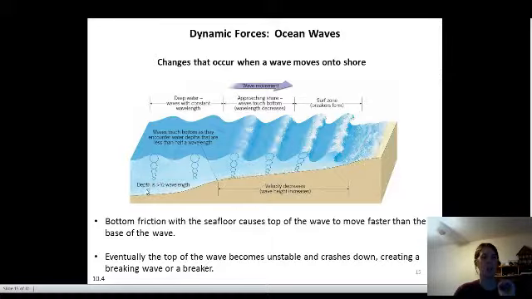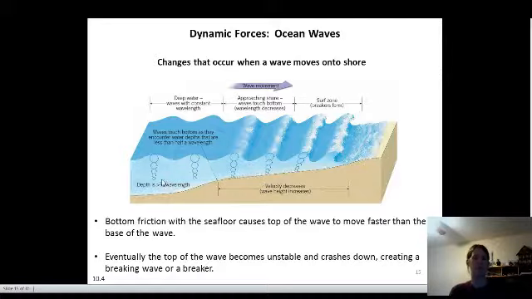So once you reach a depth that is 1/2 your wavelength, so remember, here's our wavelength, one crest to the next. If we go to a depth equal to 1/2 our wavelength, the wind has no impact on our water molecules, and you will get no water movement due to waves at this depth.